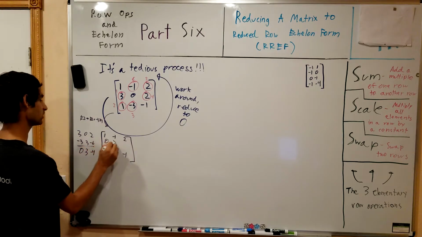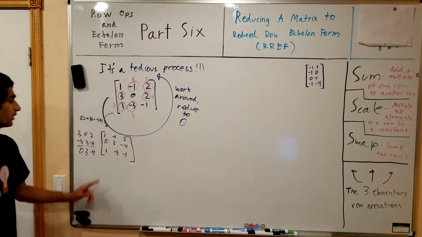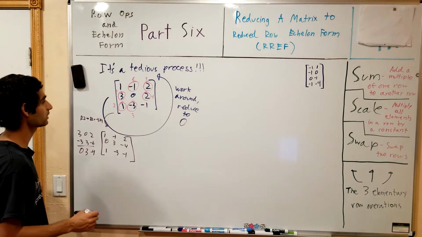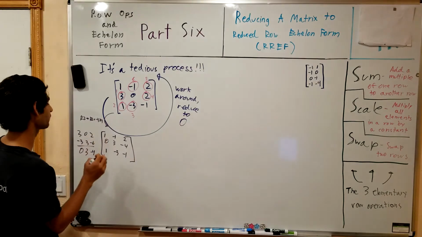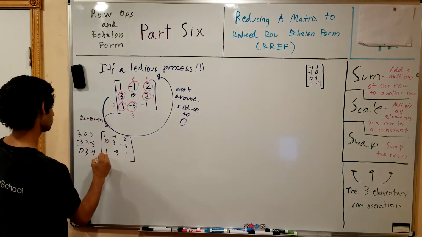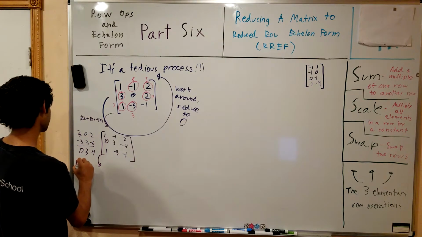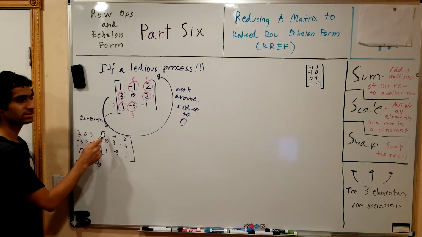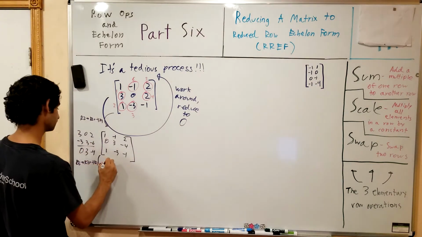So 0, 3, -4. Now we want to reduce this element, this 1, to a 0. How do we do that? Well, why not subtract the first row? So let's do row 3 plus -1 times row 1. So I'm adding -1 times the first row to the third row. What do we get?